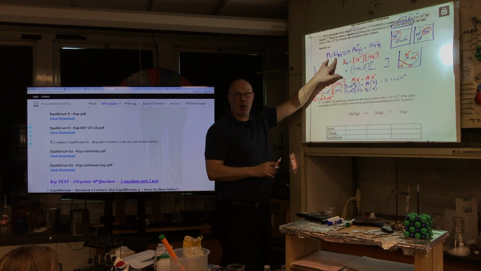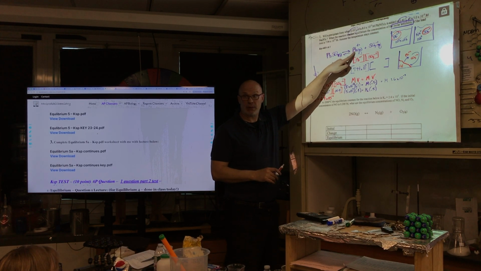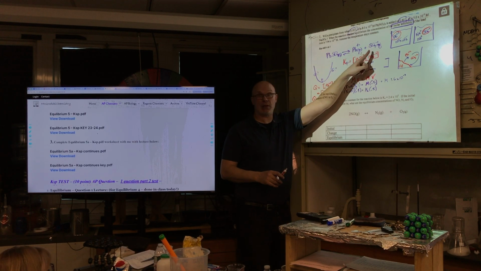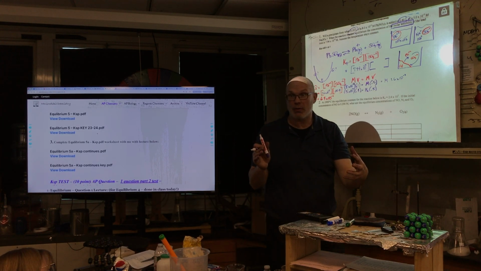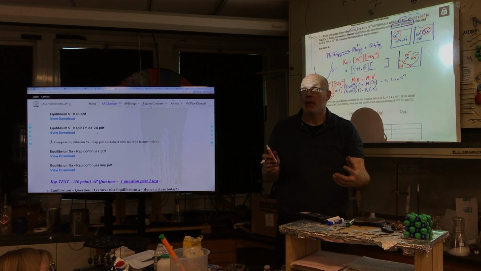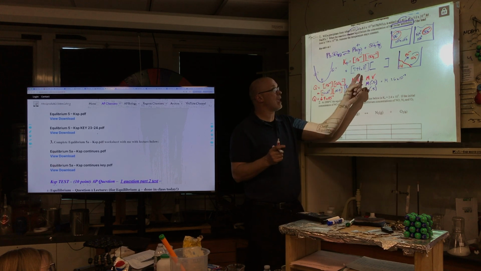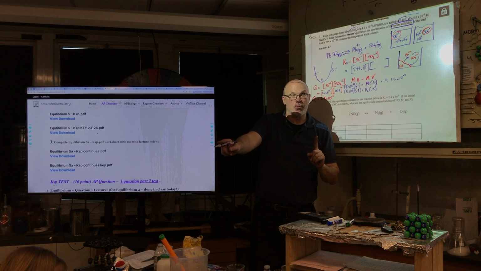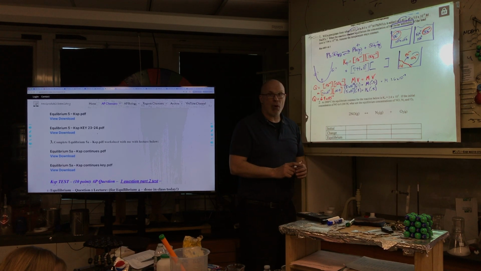One of these makes what? One of these. One of these makes one of these. What's the ratio of these two if nothing else was in water and that thing just broke apart? It has to be 1 to 1. This is the X, and this would be the same value. Last night you had the problem I showed you where it broke apart into two ions.